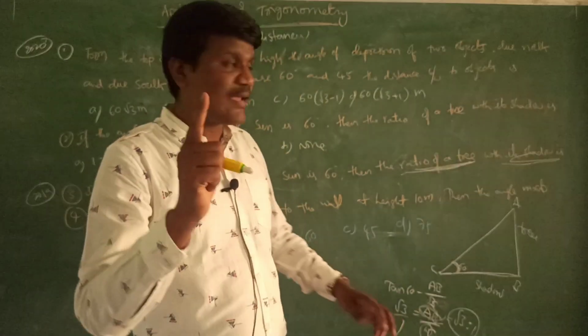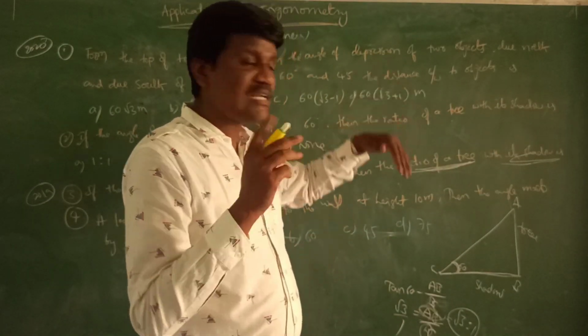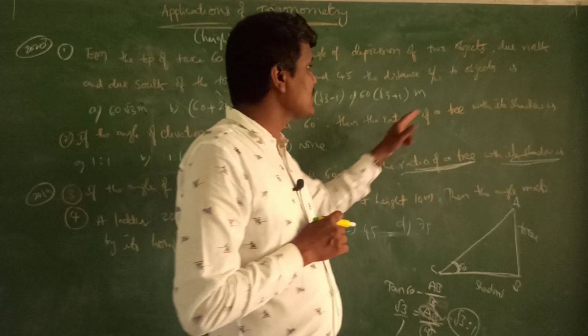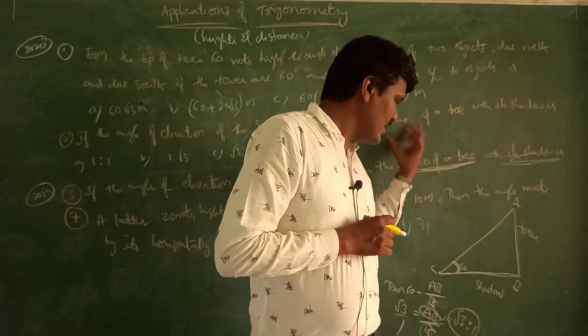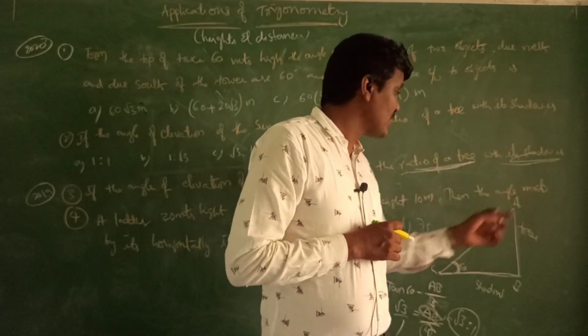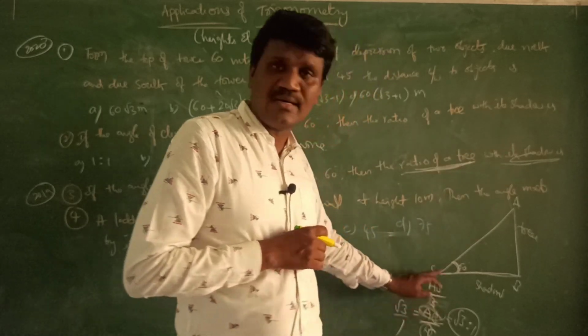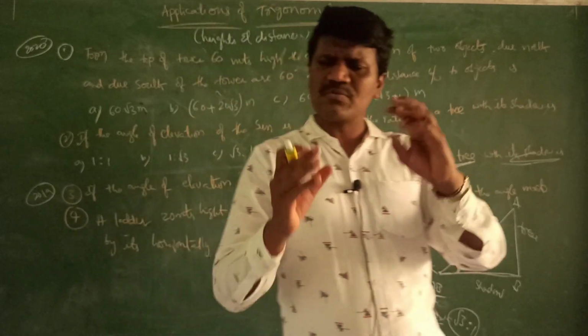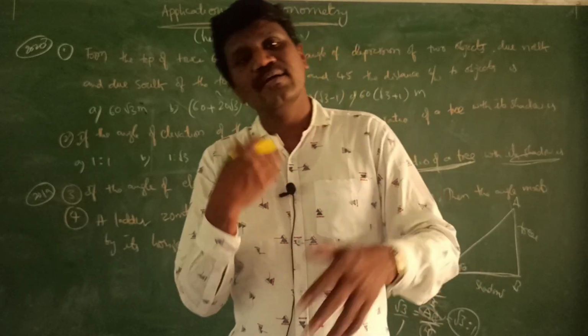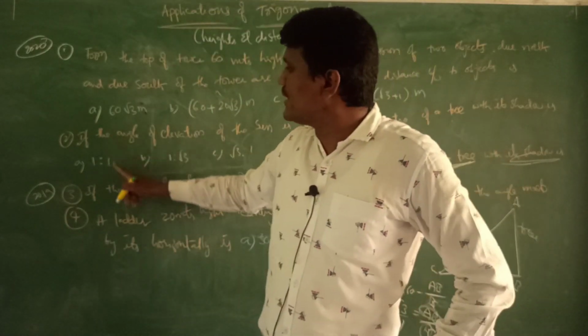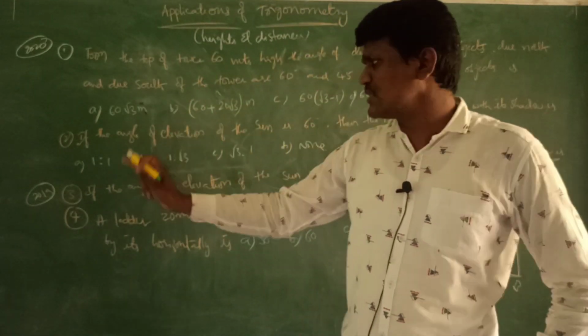You should be very careful what ratio they are asking. If they ask the ratio of shadow and tree, these two will switch. If the ratio is tree and shadow, this is the answer, AB by BC. If you observe, the same question was repeated in 2019 and 2020, no difference at all.